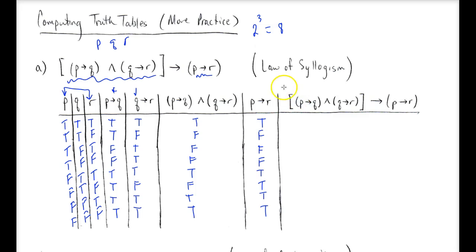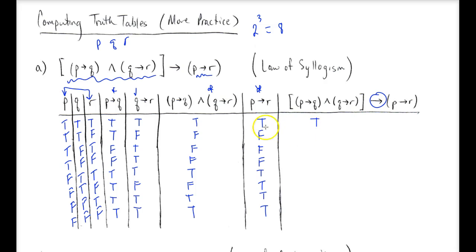And so now, to build everything, we know that we're going to take this column and this column, and use them as our first and second statements for the conditional statement that we end up with. And so when we see this, we'll see that we should get true in every scenario.